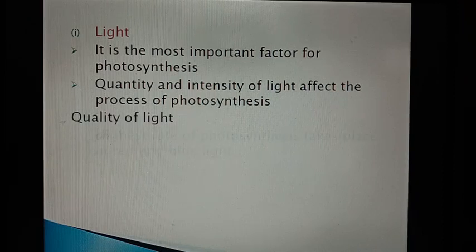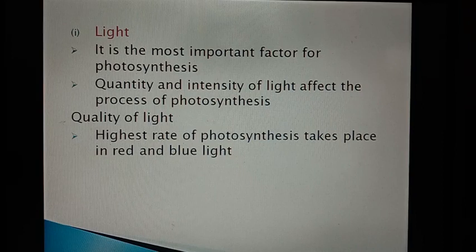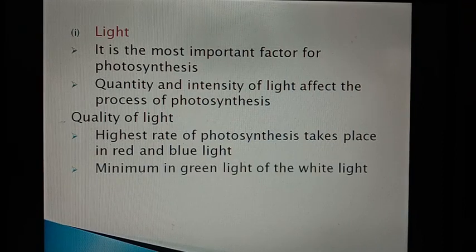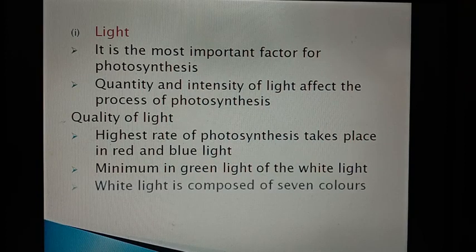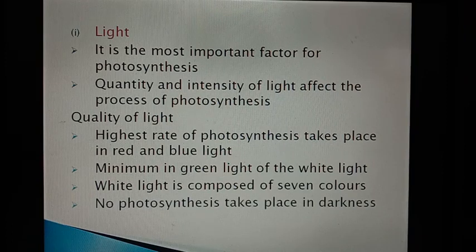Regarding quality of light, the highest rate of photosynthesis takes place in red and blue light, and the minimum in green light of the white light. White light, we all know, is composed of 7 colors. No photosynthesis will take place in darkness.